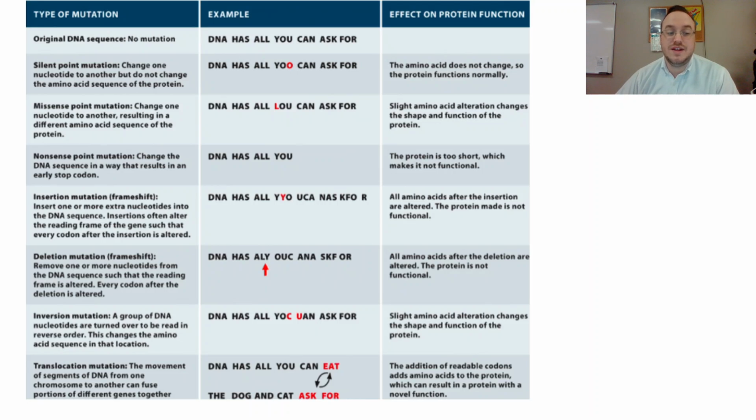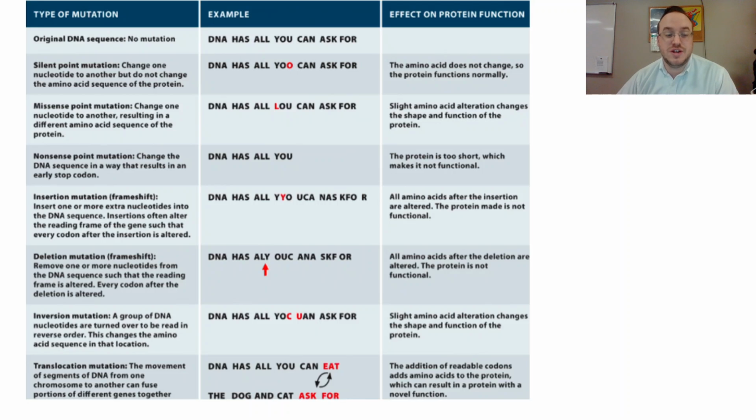Then we've got insertion and deletion, the two frameshift mutations, where a new amino acid gets added to the chain or removed from the chain that is supposed to be made, and it makes a new protein. That protein is going to do something else or may not function at all. It just depends on what actual mutation occurs.